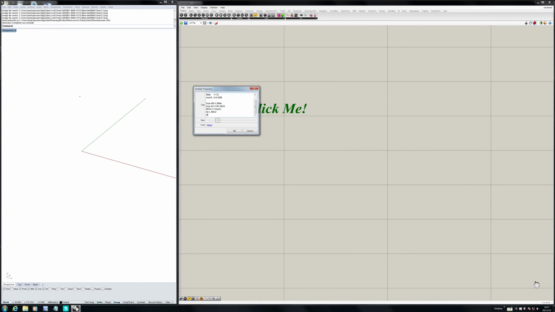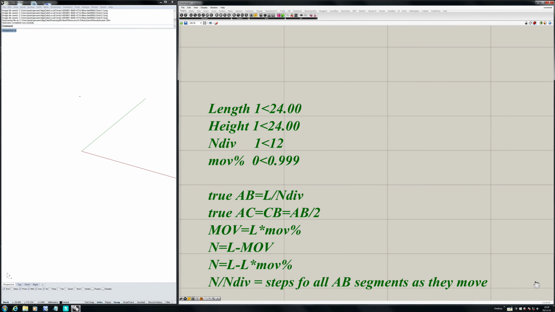That is, n is equal to L minus L multiplied by move percentage. And we saw that n divided by n div is going to give us in reality the steps of all AB segments as they move.